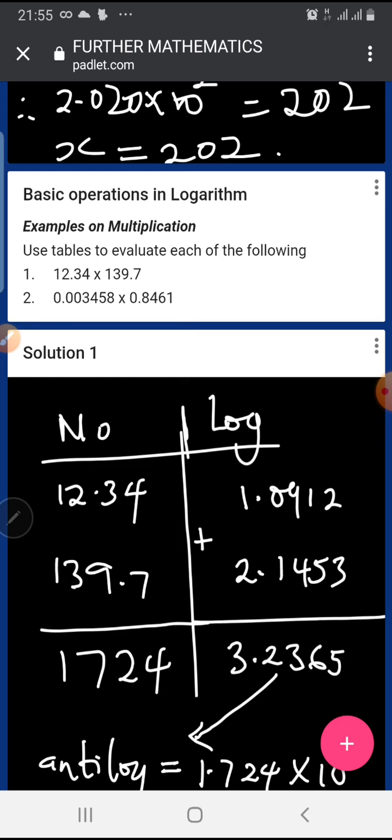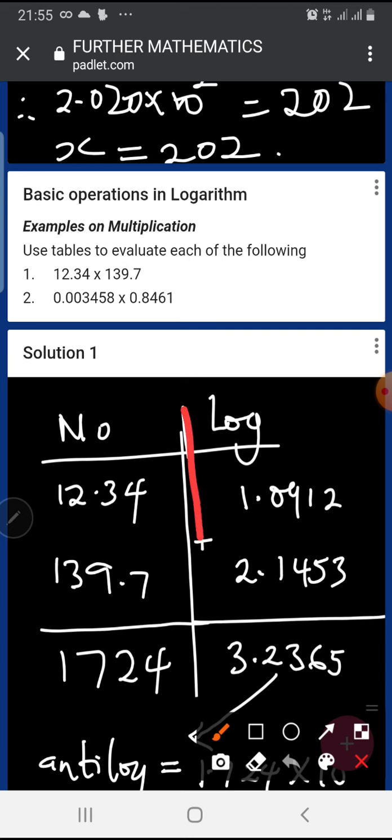No matter how big two numbers are, you can use your logarithm to get the multiplication, the division, the square root, the square, and so forth. What you do is you draw a table like this, where this side you have the number, this side you have the logarithm.